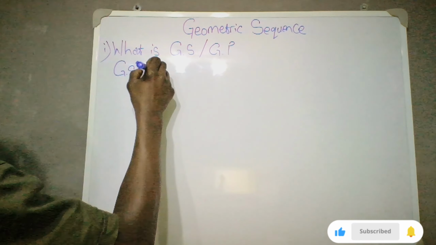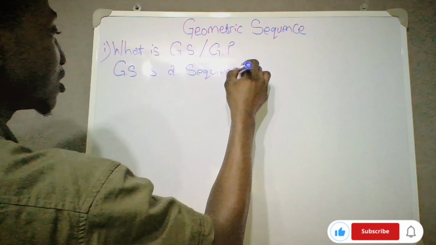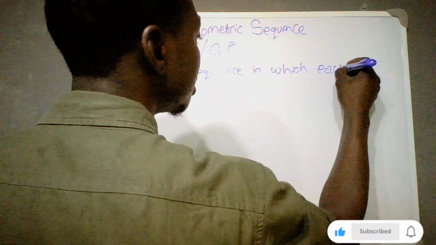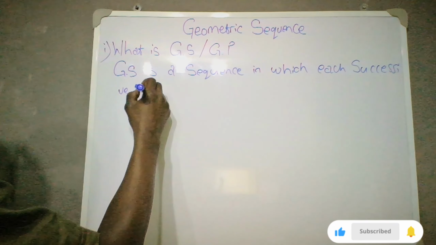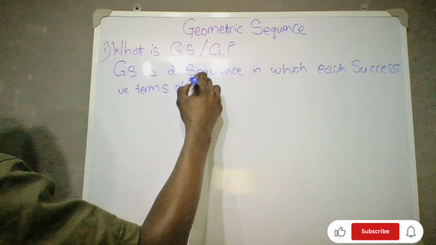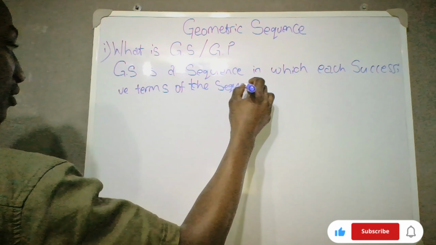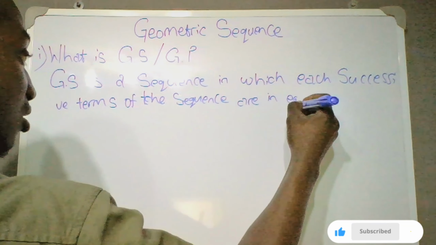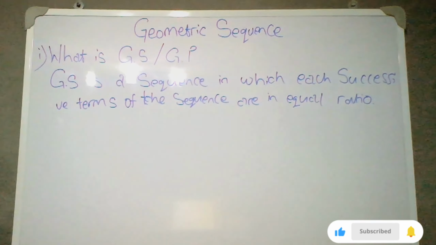A GS is a sequence in which each successive term of the sequence are in equal ratio.